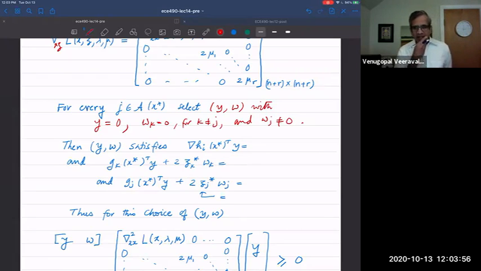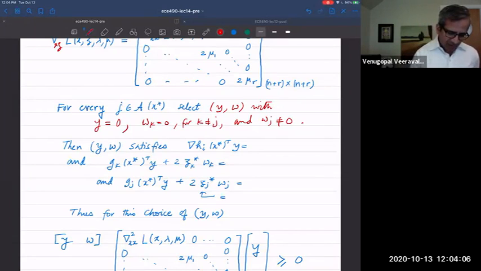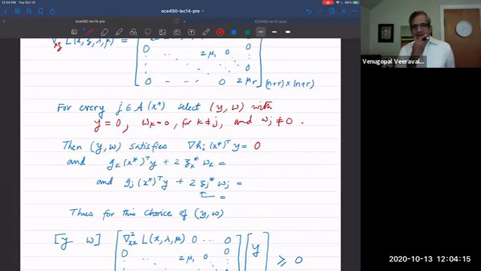So now let's see whether y, w satisfies the inner product conditions. If I look at the inner product of the gradient of hi at x star with y, that inner product has to be 0 because y is 0. If I take the inner product of the gradient of gk at x star with y, that's also 0.